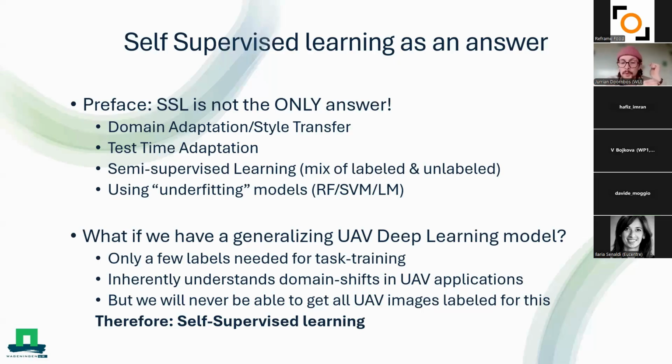But I think, and this is my personal opinion, we will never get to this amount of data. We will never get enough labeled imagery. We need probably millions of images and labels to get there, especially labels. And I don't think we're going to get there anytime soon. So we need different approaches, which comes to my topic right now of self-supervised learning.